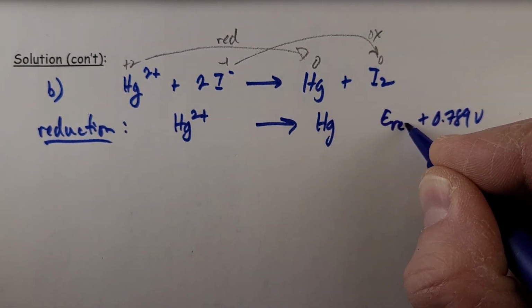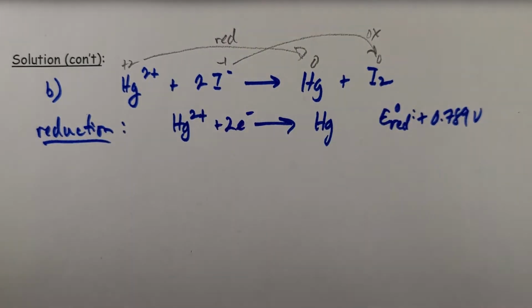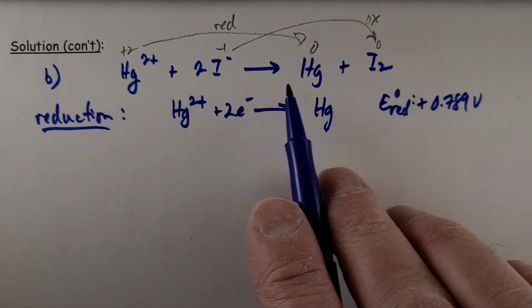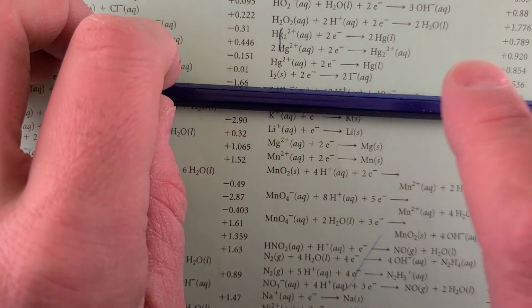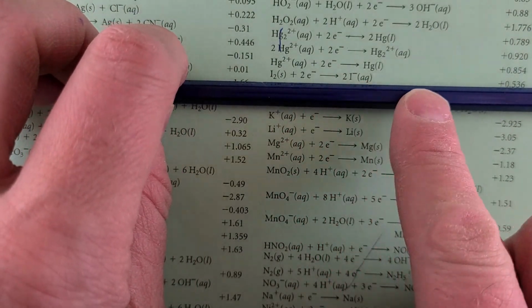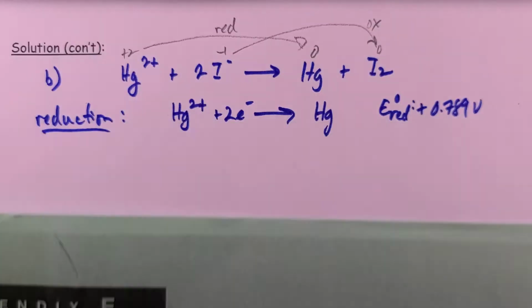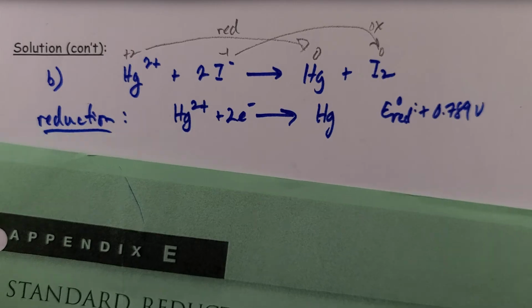So E reduction potential, and then plus my 2 electrons. And over here, iodine, I minus going to I2. Oh, it's right below here. I minus going to I2, releasing 2 electrons. That's going to give me a value of plus 0.536.